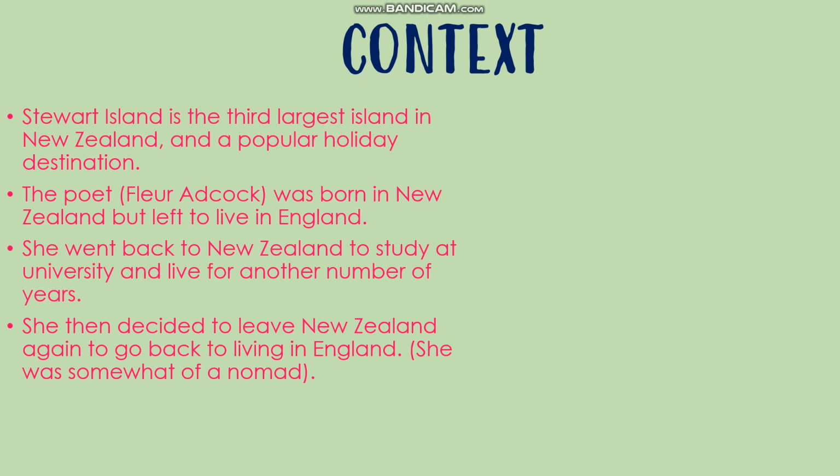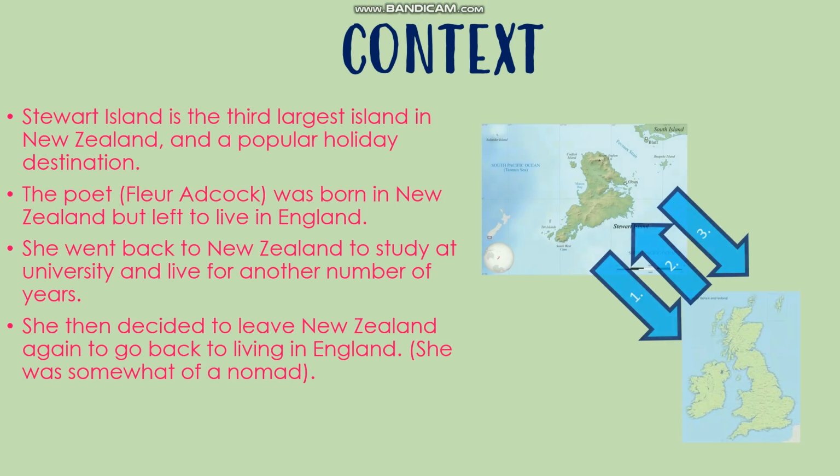And just so it's clear in your head, I've done this very basic diagram for you here of how she ventured between New Zealand and England. She ended up settling in England after having given New Zealand another try in her later years, so in her university years. But that's basically the journey she had and her relationship with New Zealand and England, in a picture for you.